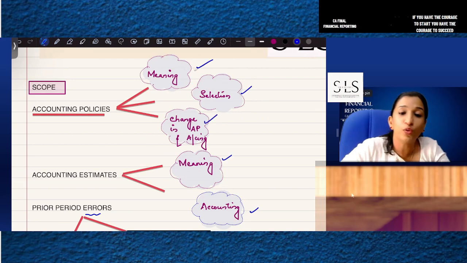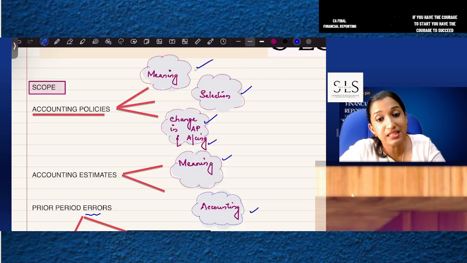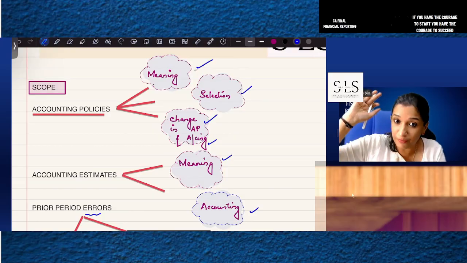Can you change an accounting policy? Yes, if it is required by another Ind AS. That is a mandatory change, or else if the entity feels the accounting policy is to be changed to provide more reliable and relevant information. If transitional provisions are given, you should apply transitional provisions, or else you should go for retrospective application from the beginning.